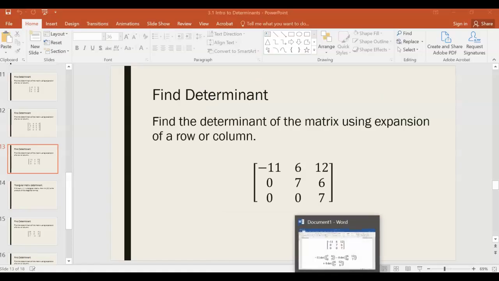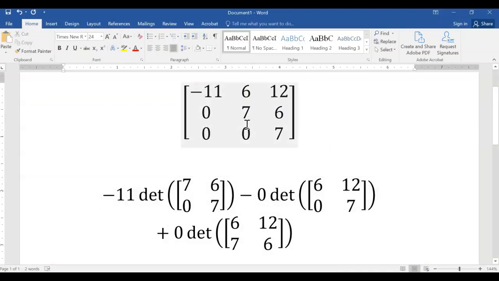So we go to the Word document. Again, I'm going to use the first column expansion, negative 11. Now, the submatrix, when I get rid of row 1 and column 1, is 7, 6, 0, 7. And then I'm going to expand using this column here. So I'm going to go to my second entry in the first column. By the way, second entry in the first column, technically you'd have a negative 0.